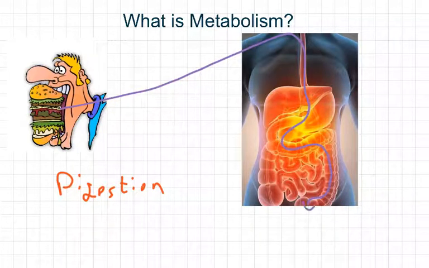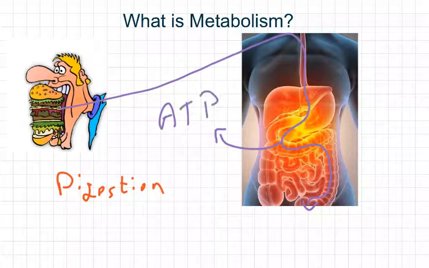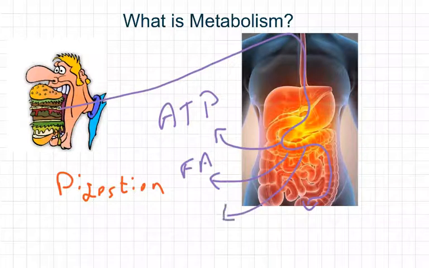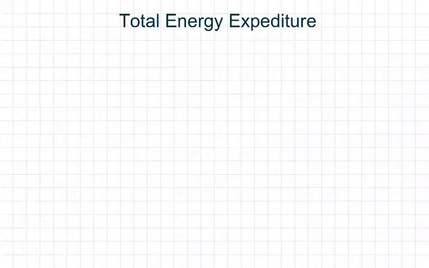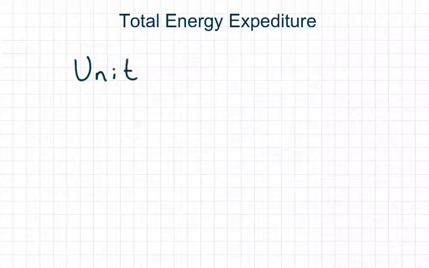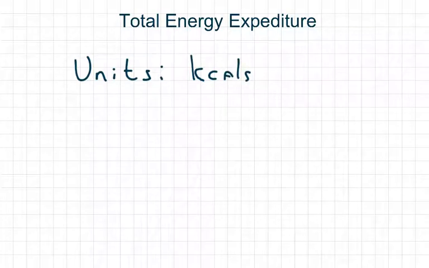As the food is broken down, it's converted into necessary molecules such as ATP, fatty acids, amino acids, and other chemicals. The other side of metabolism is energy expenditure. The units for energy expenditure, or energy itself, are kilocalories, or kcals. And this is the SI unit.